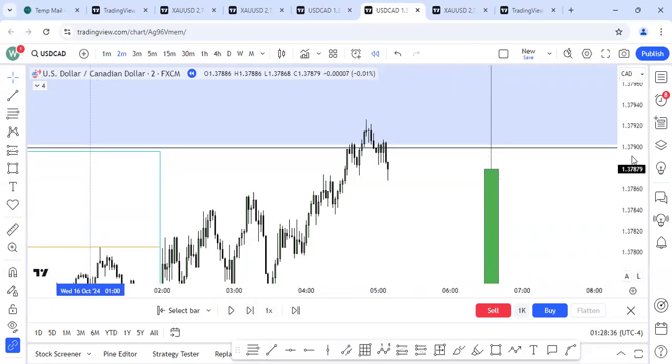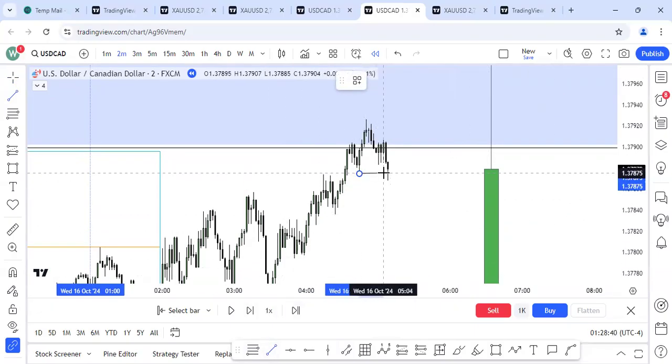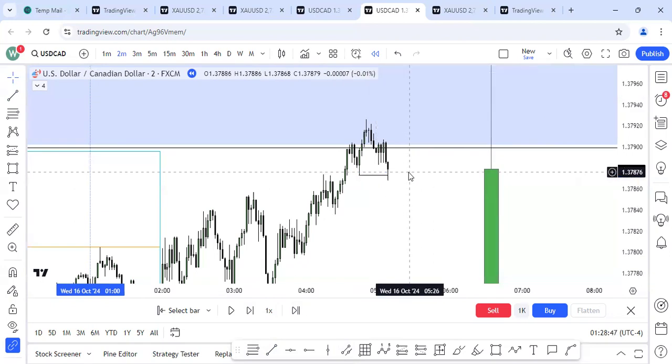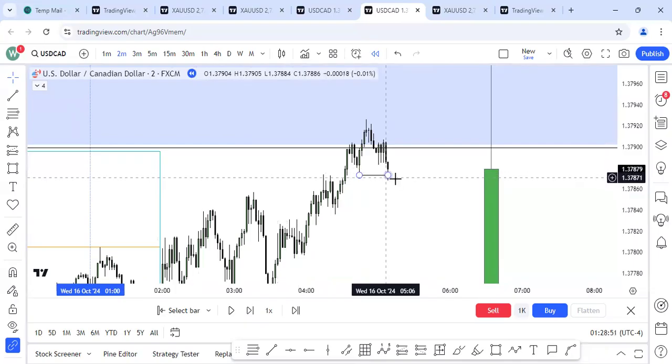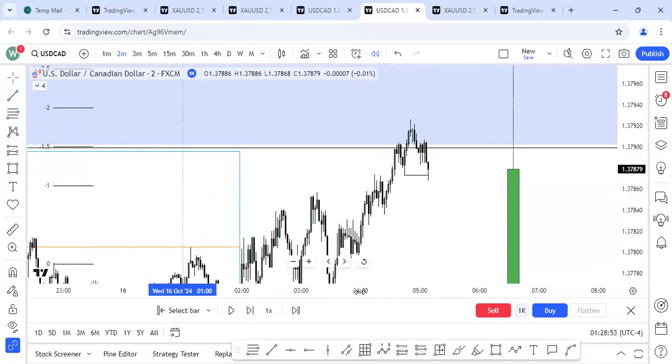Okay, we have a market structure shift. That's a confirmation that maybe price wants to go lower since it just swept the 5 p.m. 4 hour candle. Okay.